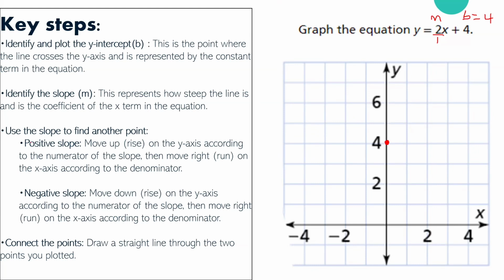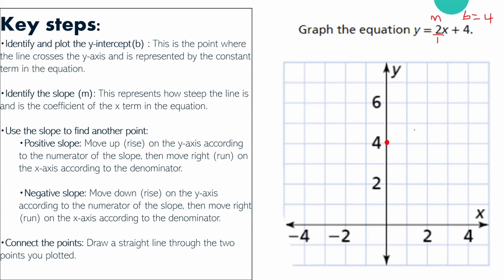Looking at step 3, it says use the slope to find another point. So we are going to use the slope here, m, to find another point on the graph. If the slope is positive, you are going to rise on the y-axis according to the numerator of the slope. Then move right on the x-axis according to the denominator.